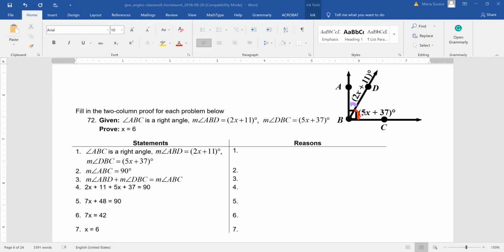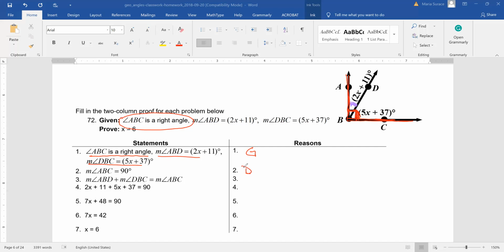Let's begin. Our first statement rewrites our givens, which means the reason for it is because they are given. Now, we say that ABC is 90 degrees. How do we know that this angle here is 90 degrees? The reason we know it's 90 is because we were told before it's a right angle.